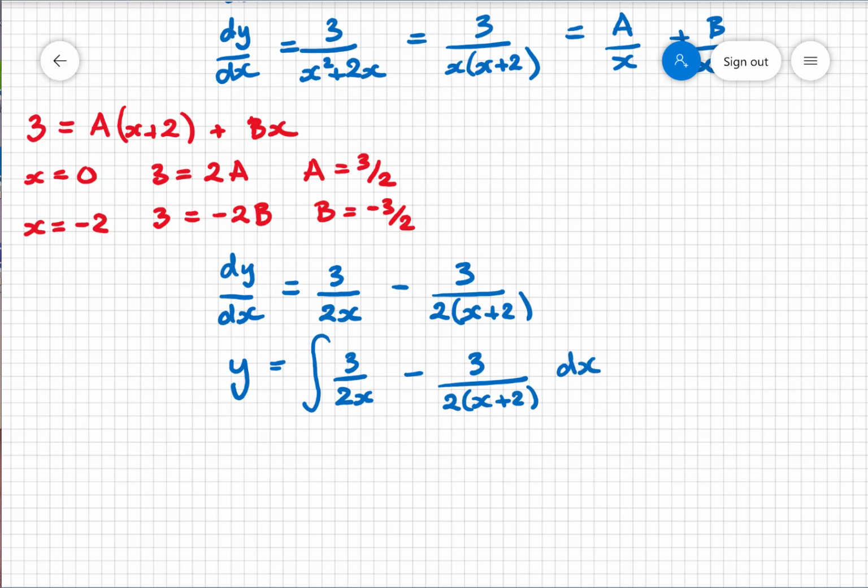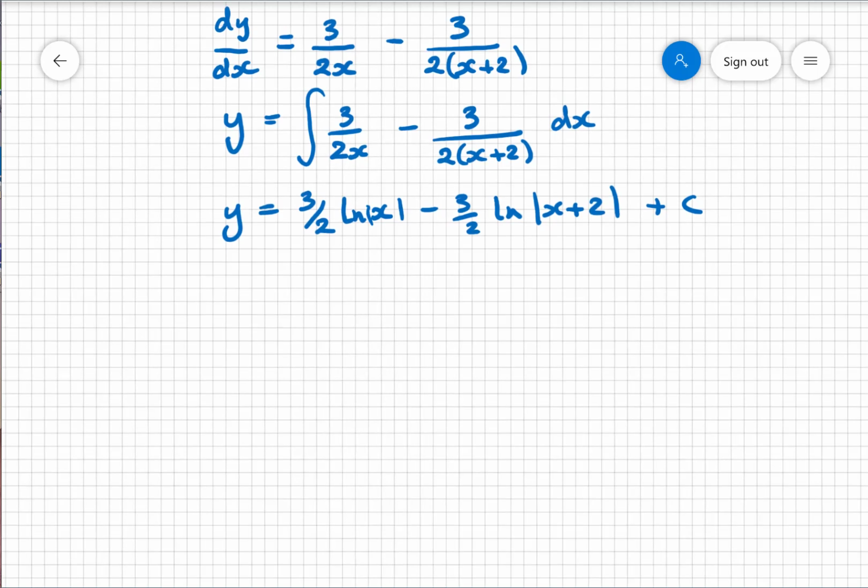Integrating those terms in turn, we have y is equal to 3 over 2 ln x minus 3 over 2 ln of x plus 2. Those two ln terms we can put together for convenience, and we have y equals 3 over 2 ln of x over x plus 2 plus c.